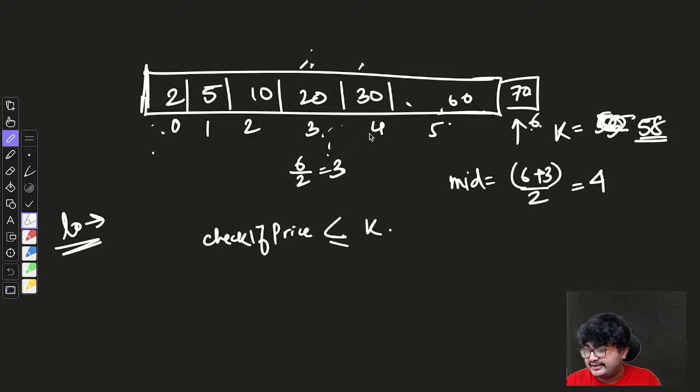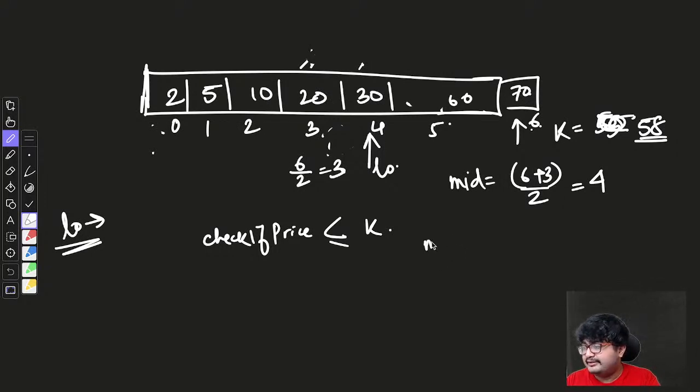Our low comes here. Again, we do not move low to mid +1, because we would actually lose 30, since 60 we cannot have. That's why we move it to mid.